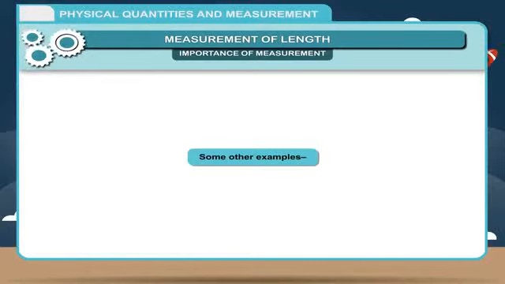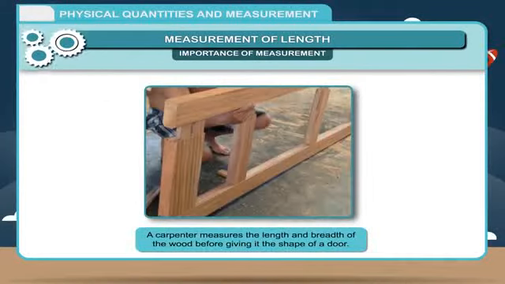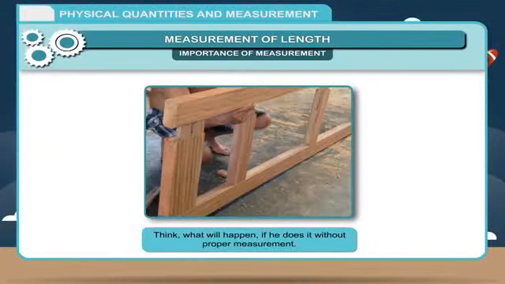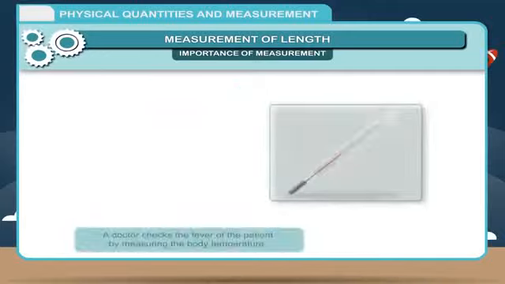Some other examples. 1. A vegetable vendor sells vegetables, fruits, etc. by measuring their mass. 2. A carpenter measures the length and breadth of the wood before giving it the shape of a door. Think, what will happen if he does it without proper measurement? 3. You take the help of a clock to reach school on time. 4.